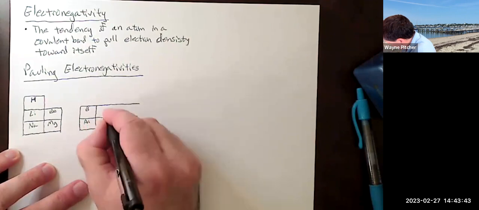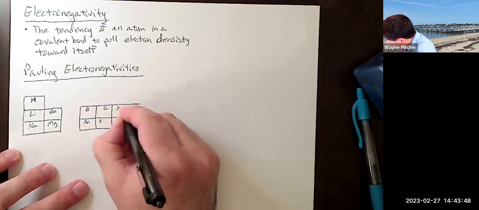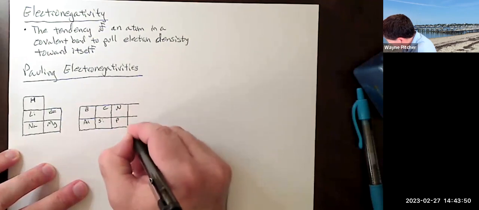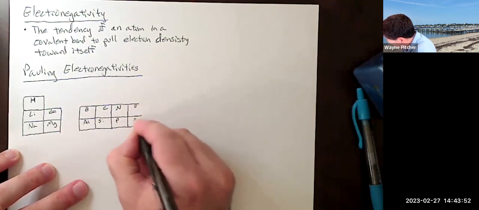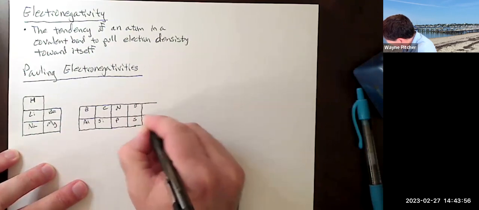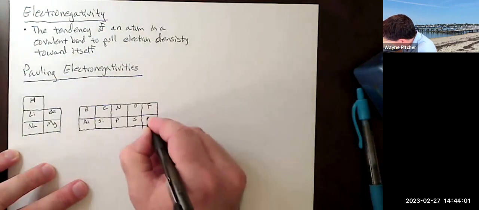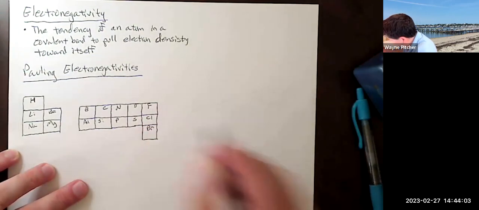Boron, aluminum, carbon, silicon, nitrogen, phosphorus, oxygen, sulfur, fluorine, chlorine, and bromine.